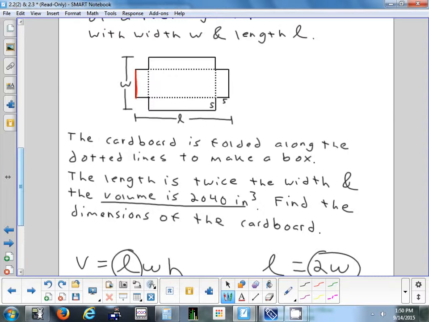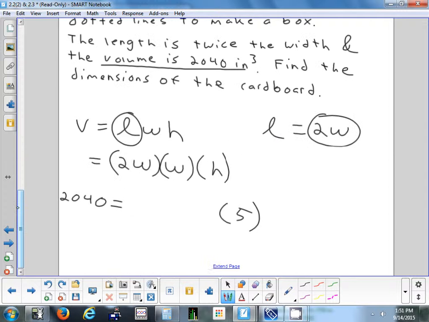What's this part in red? Would it be like 10 minus W? Close, very close. W minus 10. W, take away 5, take away 5. So W minus 10 is my width, and then I have to double it for the length, 2W minus 20.